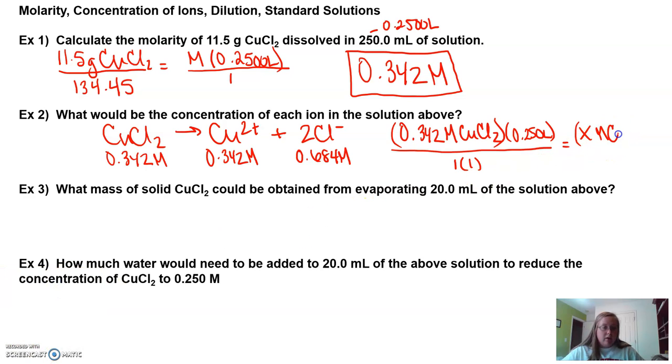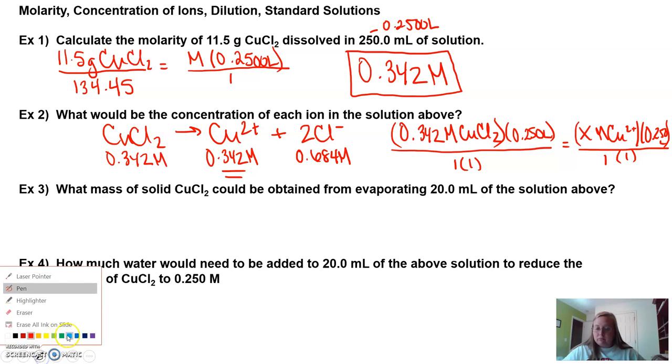So X molarity of, let's do the copper ions first. And then it's still the same solution, so the volume is still the same. And on the bottom, it's going to be 1 times copper's coefficient, which is 1. And so if you do this cross multiplication, you get the same number.